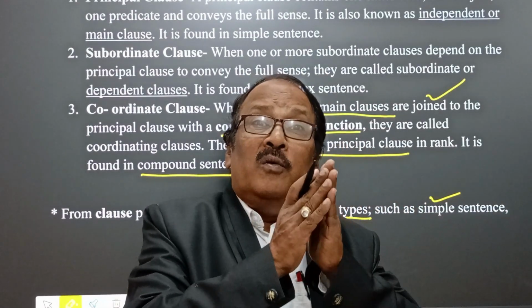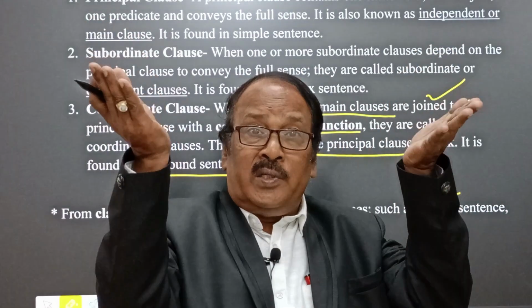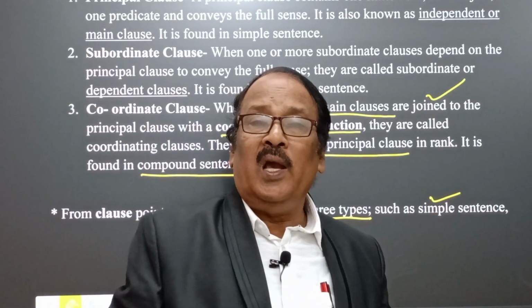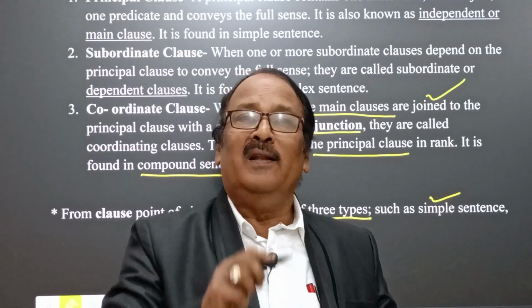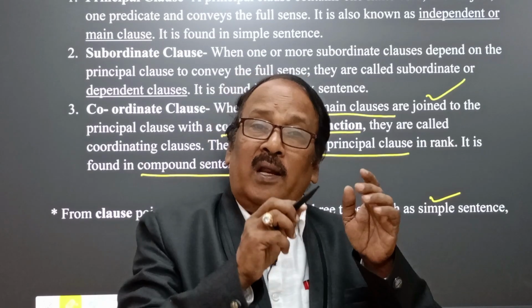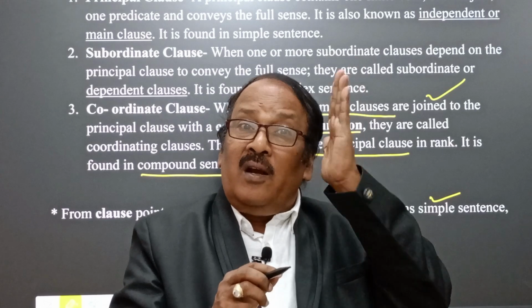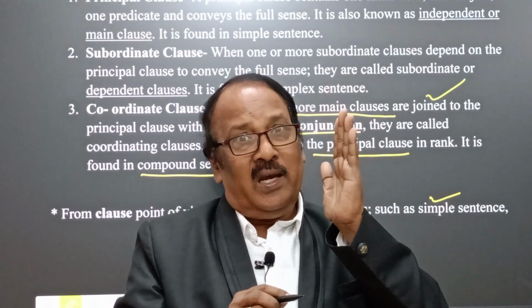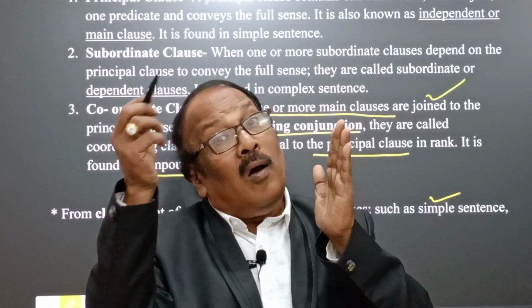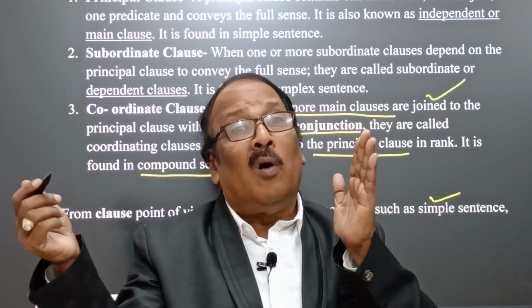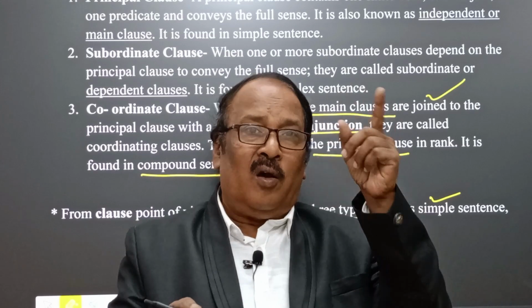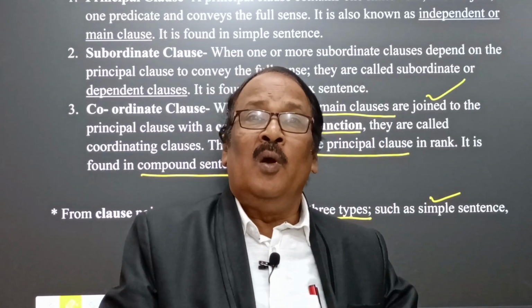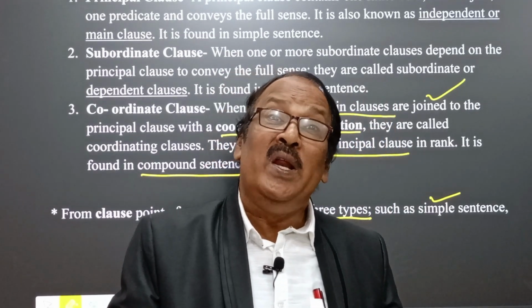If two or more independent clauses are connected with the help of a coordinator or conjunction or linker, then that is a compound sentence. Whenever one main clause or principal clause is there, and one or two subordinate clauses depend on the main clause with the help of a subordinating conjunction, that is a complex sentence.